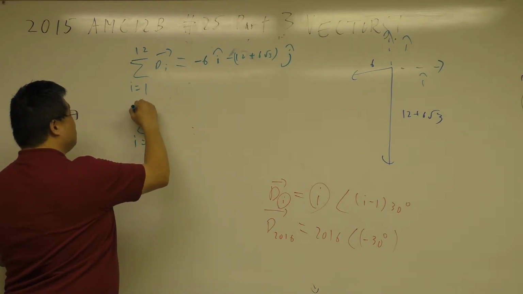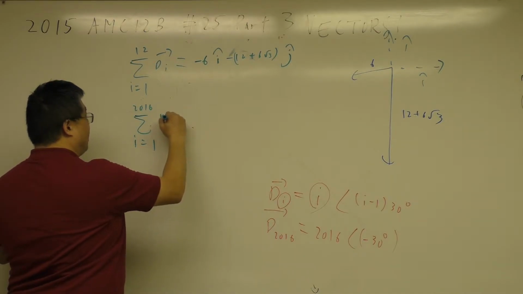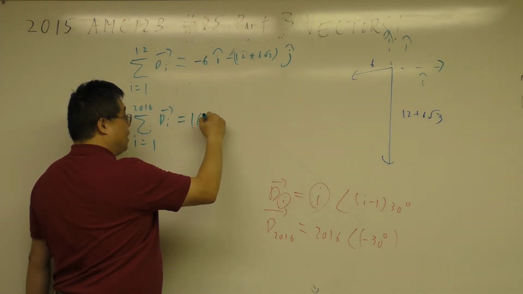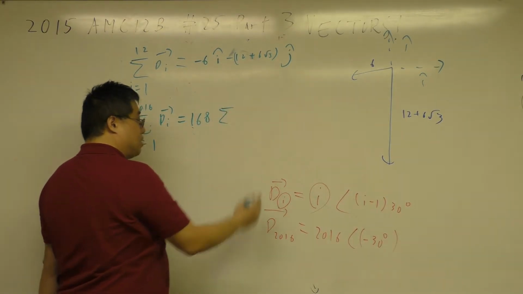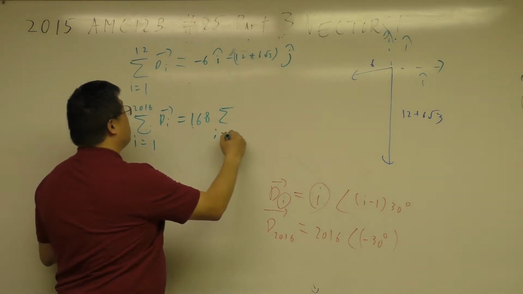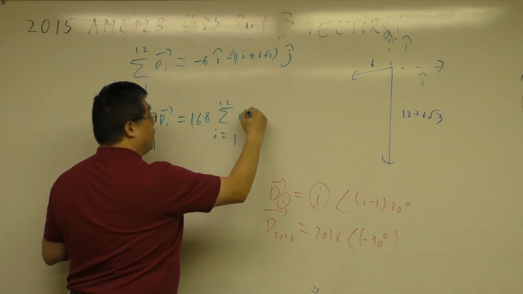The sum from i equals 1 to 2016 of di, we have already seen that that is equal to 168 times, because this thing happens 168 times, the sum from i equals 1 to 12 of di.